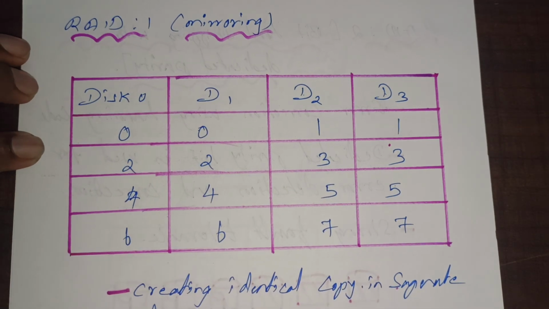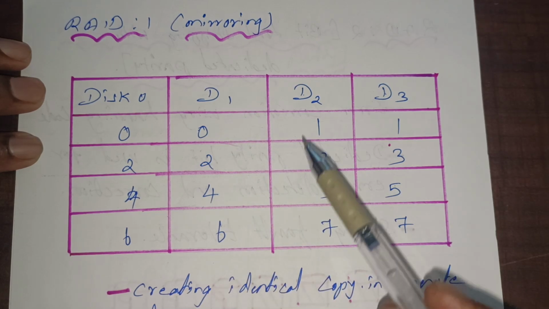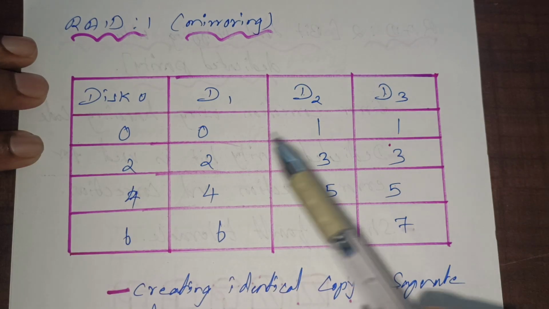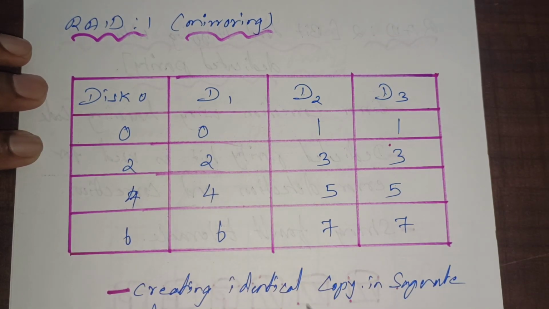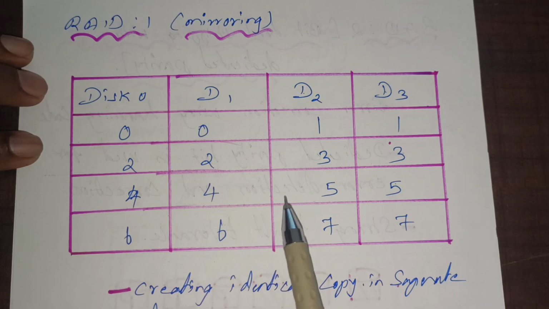Say for example, original is data disk 1 and duplicates are D1. Here the original is D2 and duplicates are D3. If any of this is lost, we can recover from either of the other drives. The data remains accessible from its duplicates. While this configuration is highly reliable, why?